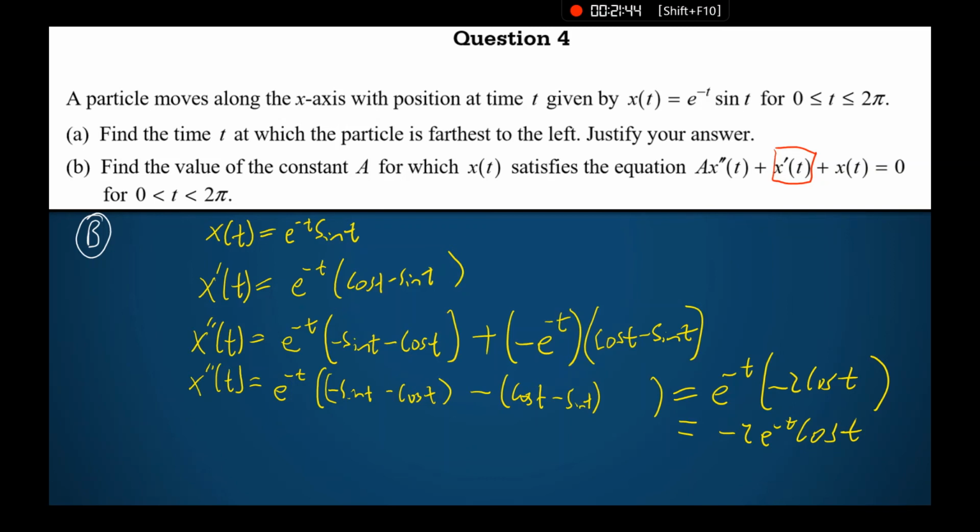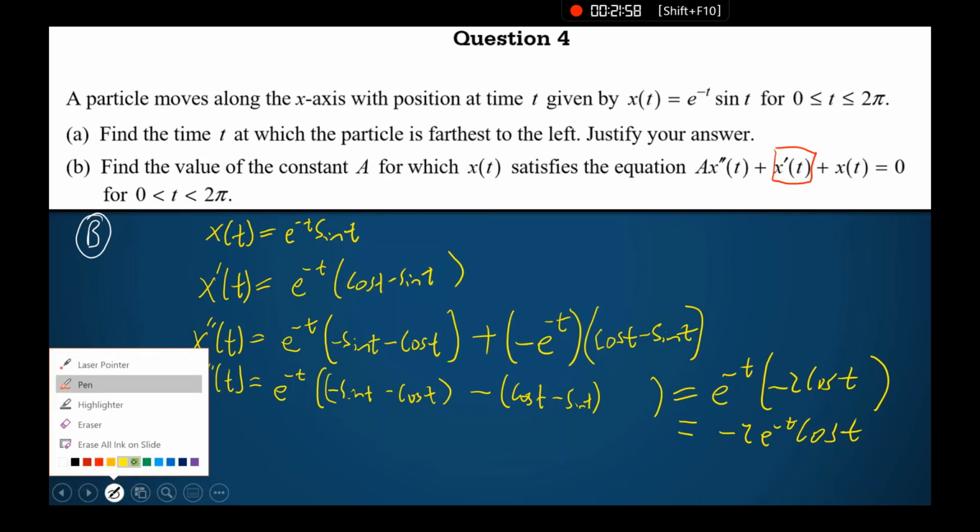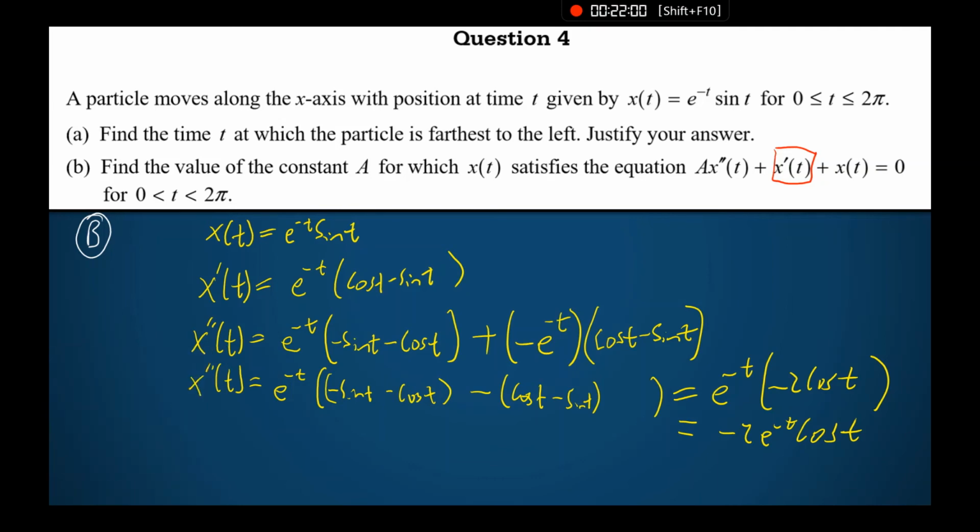No. Okay, so now all we need to do is plug this into our differential equation and solve for a. So I'm going to start that here, and I'll probably have to move to another slide.